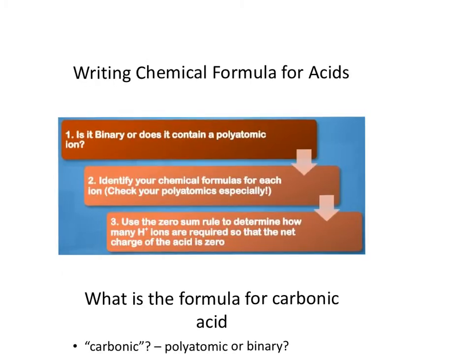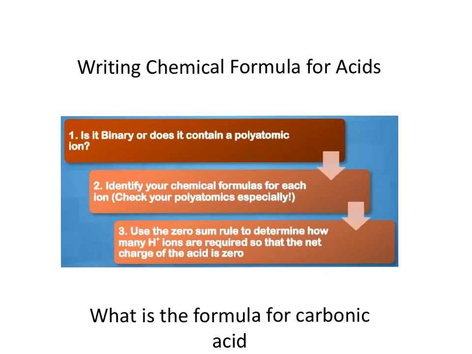When writing formulas, it's important to first notice, is it binary or does it contain a polyatomic ion? Now remember the different naming formulas we just used. Binary starts with hydro. Whereas polyatomic uses the name of the polyatomic ion.